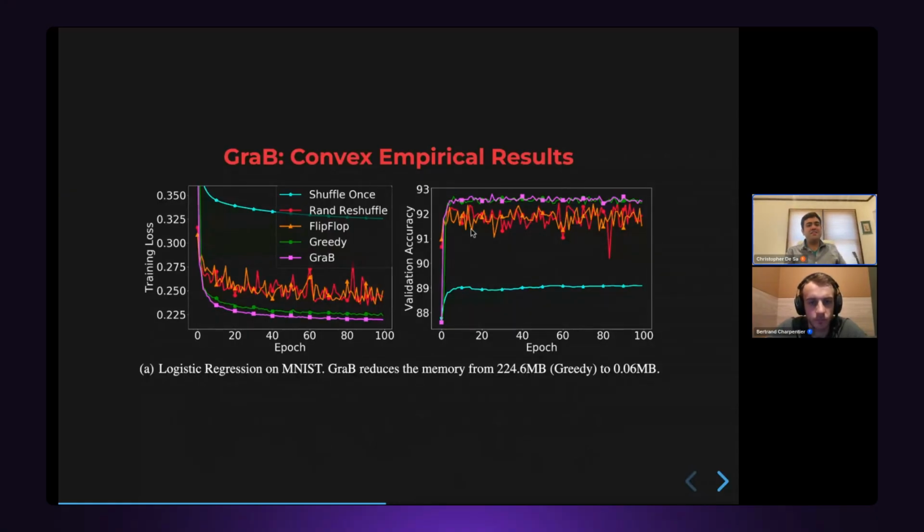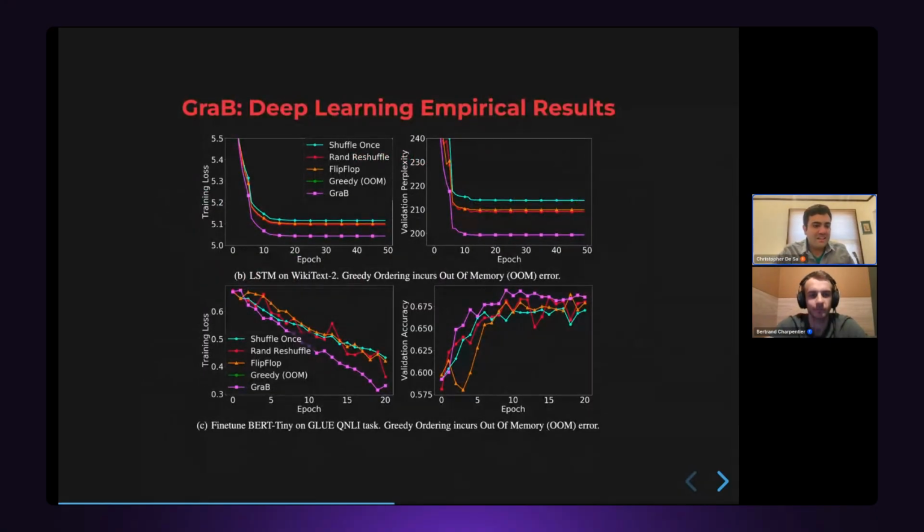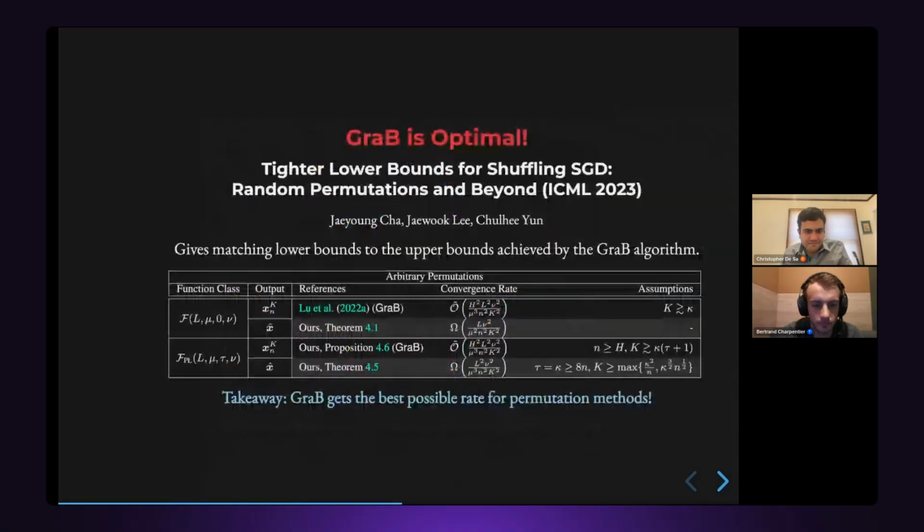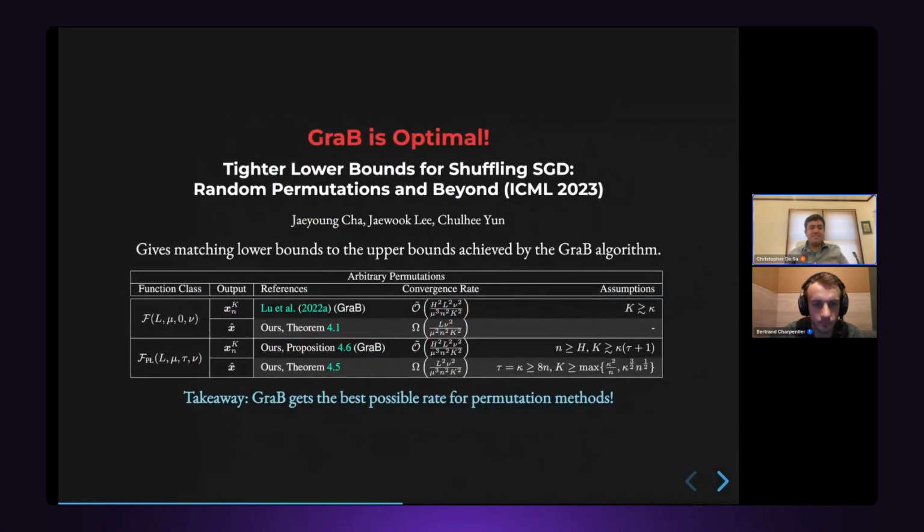And this also applies to deep learning, which is really cool. So this is training an LSTM and fine-tuning BERT Tiny, and again, the magenta curve just seems to do really, really well. What's really cool about this, although we didn't prove it ourselves, is that this is actually optimal.